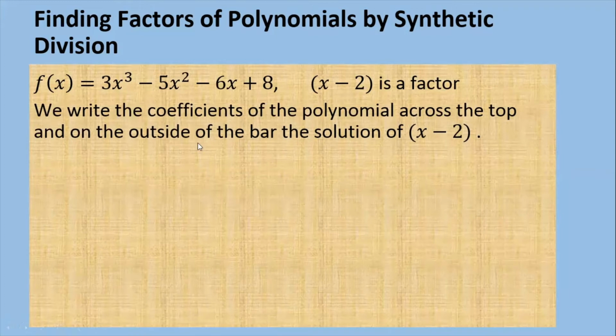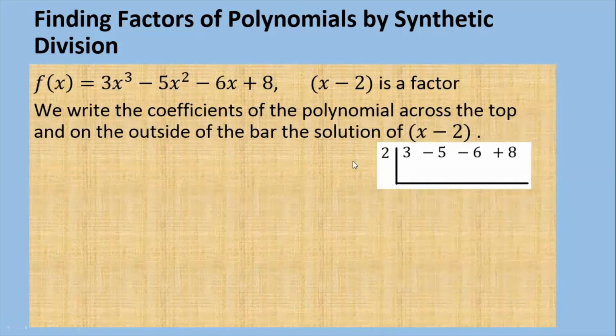So the coefficients here are 3, negative 5, negative 6, and 8. Right? Don't forget the sign. Okay? You will write them across the top, and on the outside of the bar, you will write the solution. Okay, let's see. So that's the bar. The coefficients will be 3, minus 5, minus 6 and 8. And the solution, x minus 2 equal to 0, x will be equal to 2. You put it here. This is simple, right?